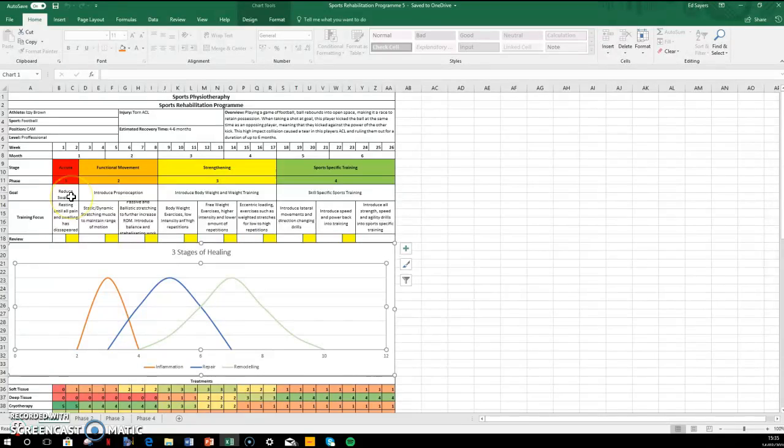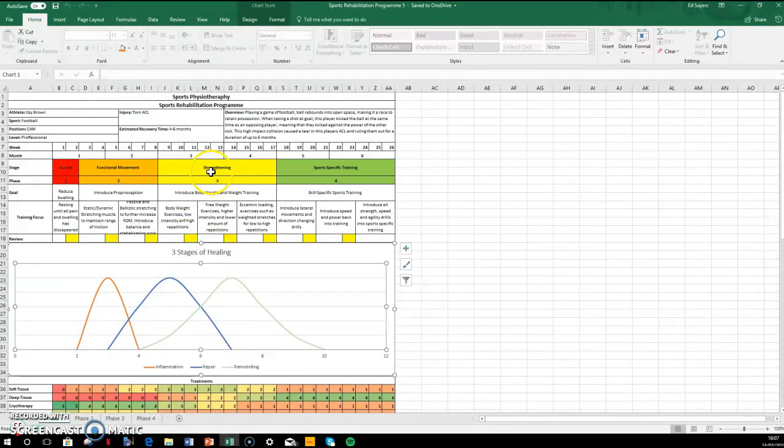Going back to the acute section, for the first 2 weeks of sustaining the injury you're mainly resting until pain and swelling have disappeared. During the functional movement stage, your main training focus is static and dynamic stretching for your muscles to maintain your range of motion, and passive and ballistic stretching to further increase your range of movement and to introduce balance and stabilization work.